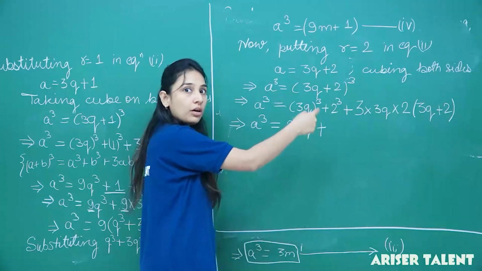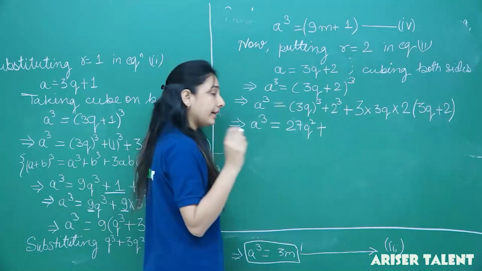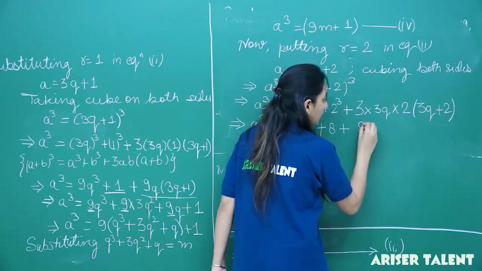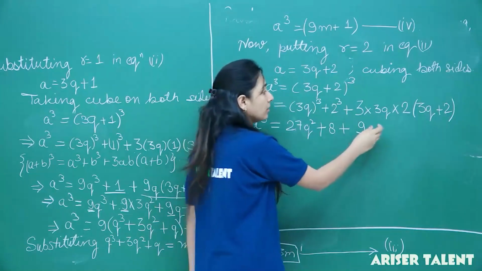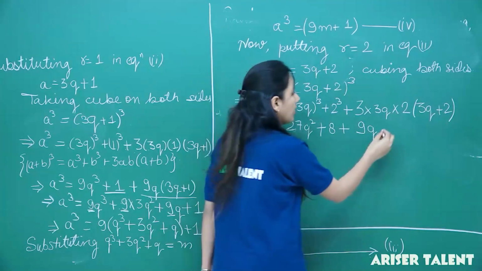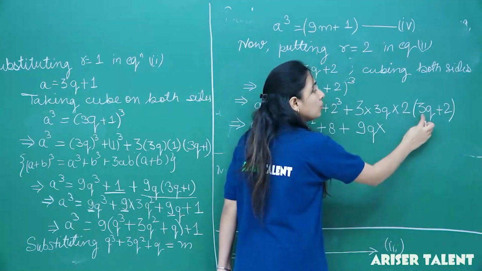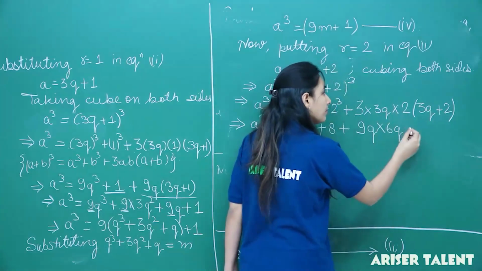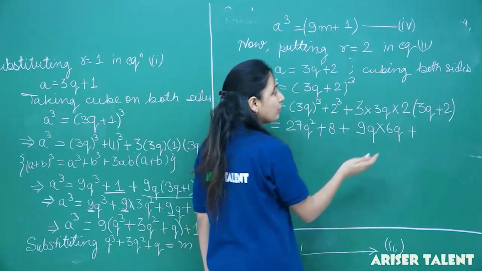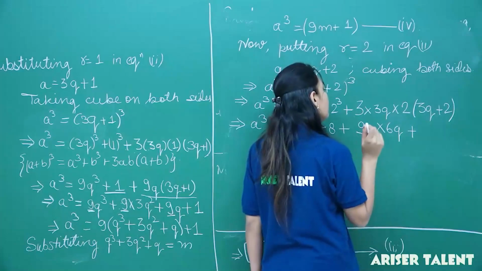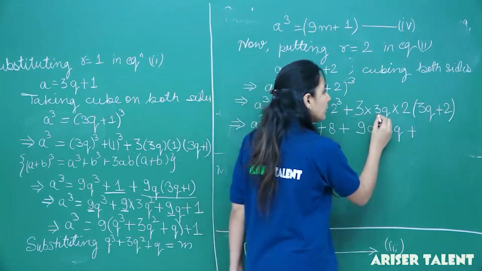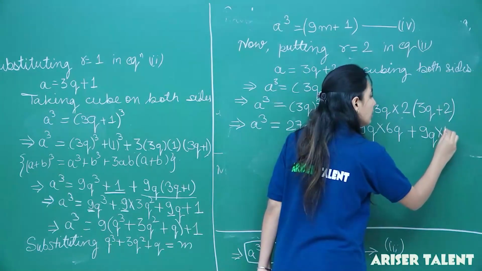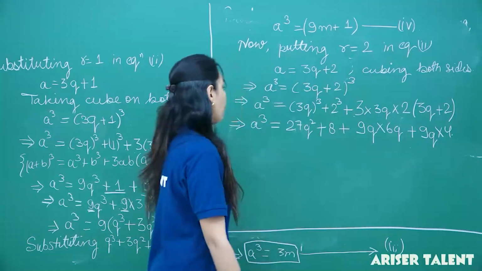Like that, 2 to the power 3 will become 8, plus now 9q multiplied by 2 multiplied by 3 is 6 and q, 6q. We'll put one plus sign here, and a plus sign here. Now 3q again, 9q, 2 is 4, multiplied by 4. Okay.